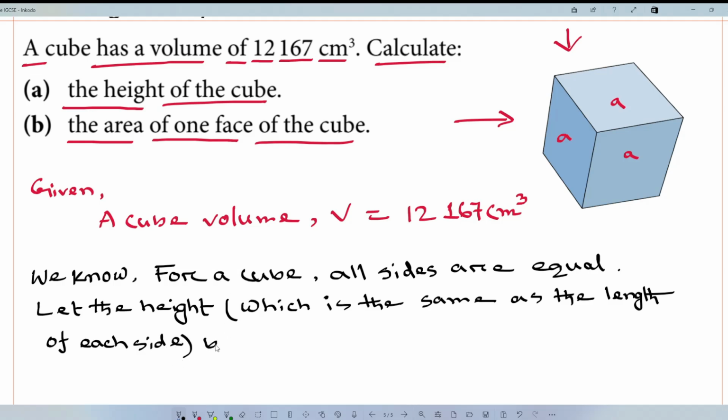which is S. We know about volume, where V equals L times W times H, length times width times height, all equal. So each thing we can express as S. So it will be S cube.